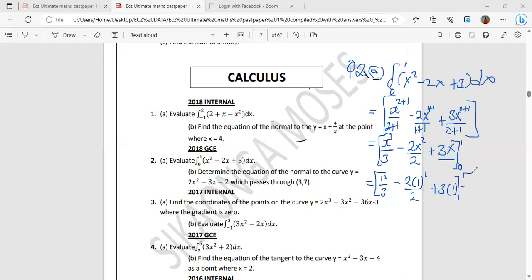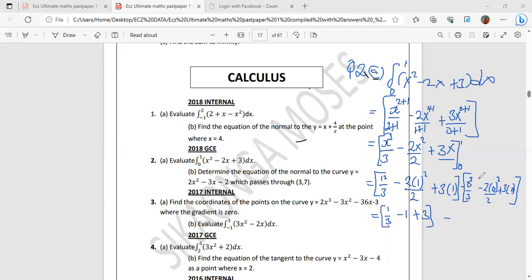Everything minus it, you have a 0: 0 to the power 3, then minus 2 times 0 to the power 2, plus 3 multiplying by 0. So this is just 1 over 3 minus this is 1, this is 3.